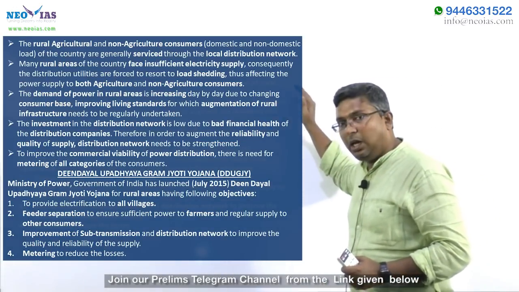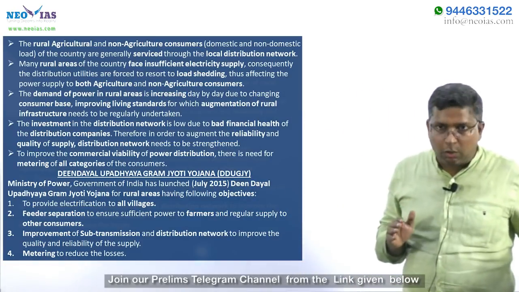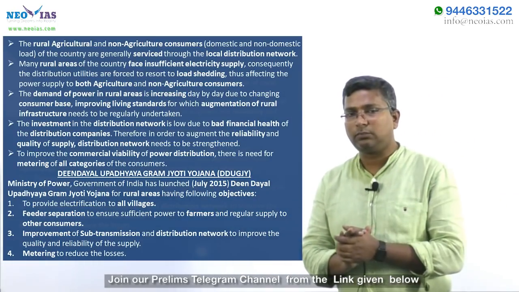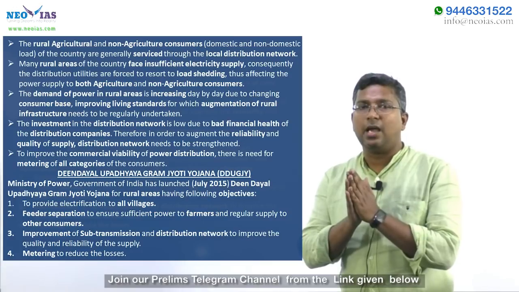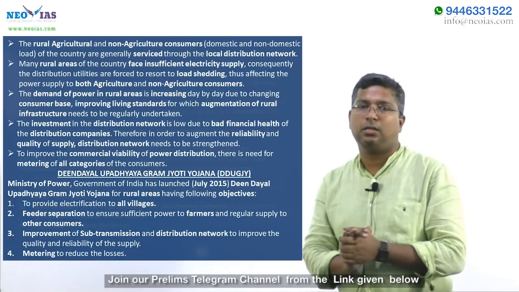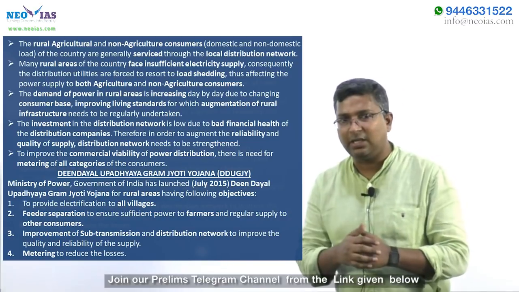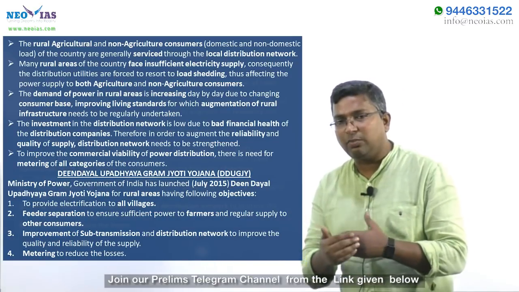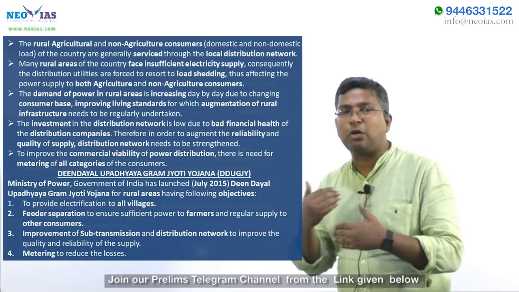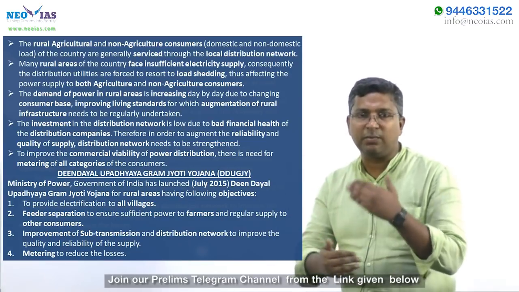Now, the problem with the rural area is that both the domestic consumers as well as agricultural consumers use electricity. Agricultural consumer means the electricity required for agricultural purposes, mainly farming.